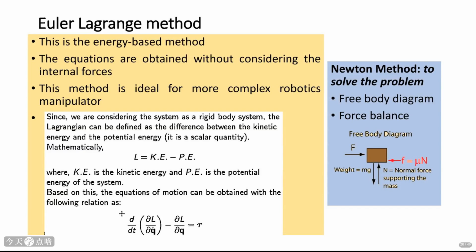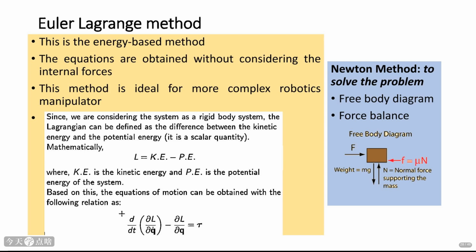The Euler-Lagrange method is an energy-based approach. It's particularly powerful because it lets us derive the equations of motion without explicitly dealing with all the internal forces within the robot links. It's ideal for complex robotic manipulators. The core idea is the Lagrangian, L equals Ke minus Pe, the difference between kinetic energy and potential energy.